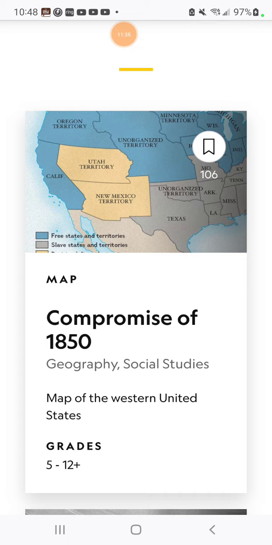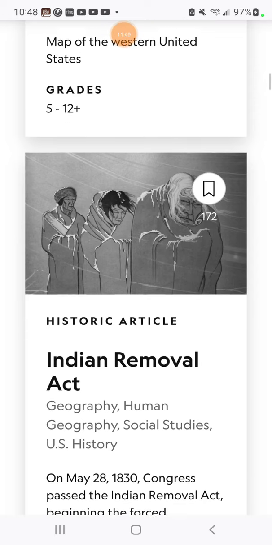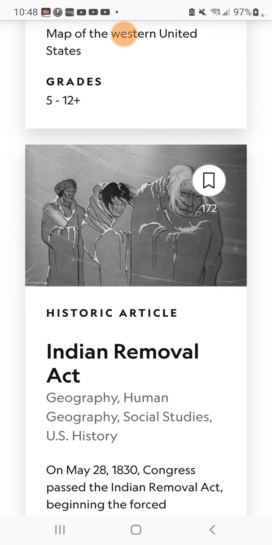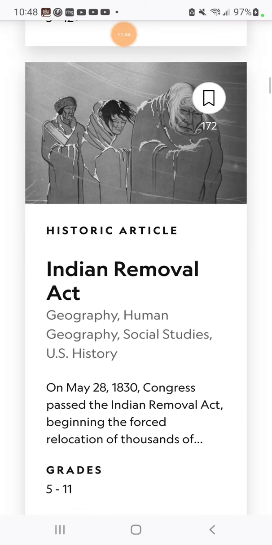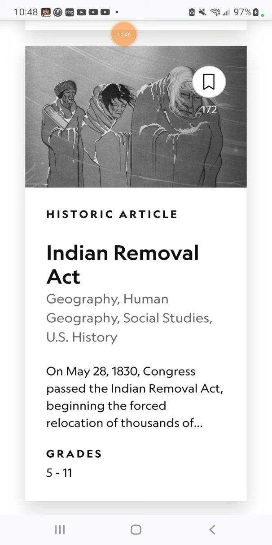And again, there's the Compromise of 1850. All right? You can read that. There's another article, Indian Removal Act. All right? And the big thing about the first Indian Removal Act, it was when, after they came and had these so-called colonies, they decided that they needed more room and more land. So therefore, they were pushing Gad to the Midwest, towards Oklahoma.